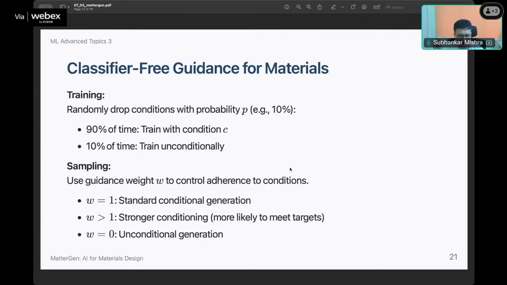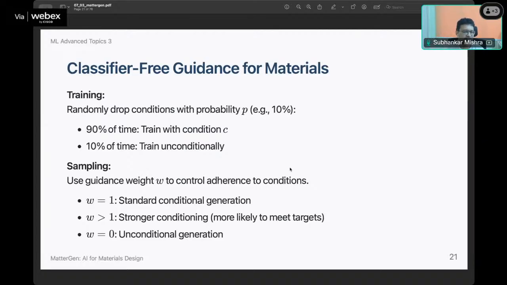So here a guidance weight is being used. This is similar to the previous lecture. I did not go into much detail on that, but we'll explain here. A guidance weight is just a parameter that controls how much to adhere to the condition. If W is high, then we force the model to pay lots of attention to the constraints, and this will dramatically increase the success rate of generating materials with the desired properties.